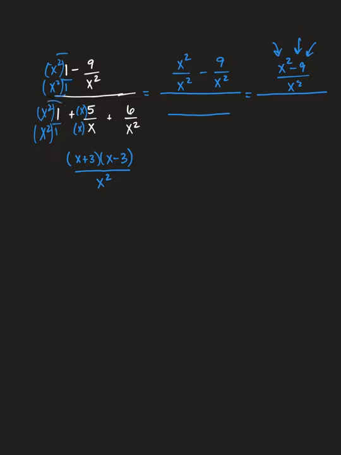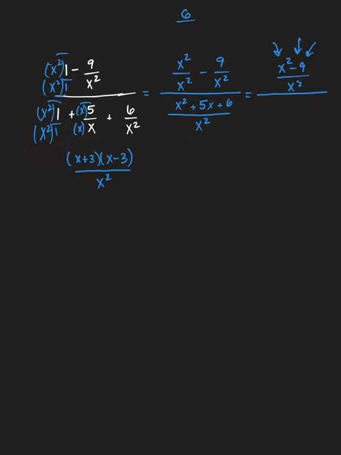X squared times 1 is x squared plus 5x plus 6. And then the common denominator was x squared. And right now I'm looking at this trinomial, and I'm thinking to myself, are there any factors of 6 that add up to 5?